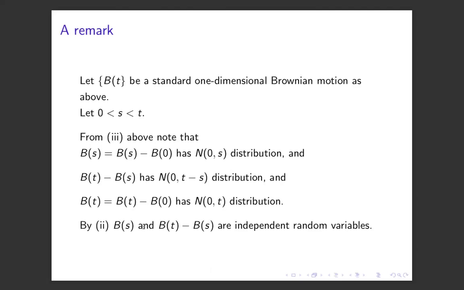Now note that by the second property, the independent increment property, Bs and Bt minus Bs are independent random variables. And the third one here is the sum of these two independent Gaussian random variables. So please note it down.